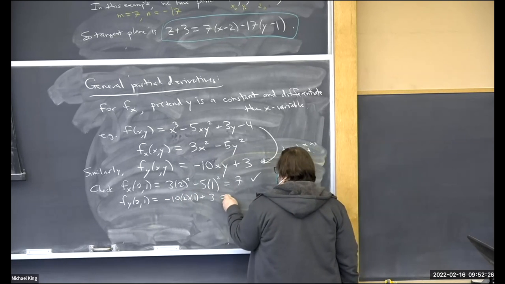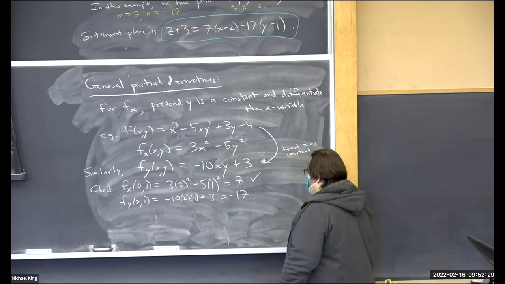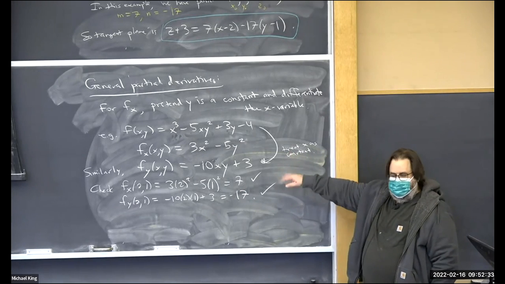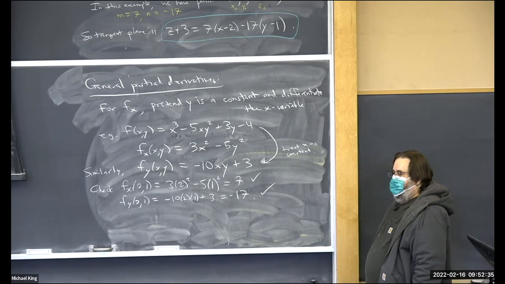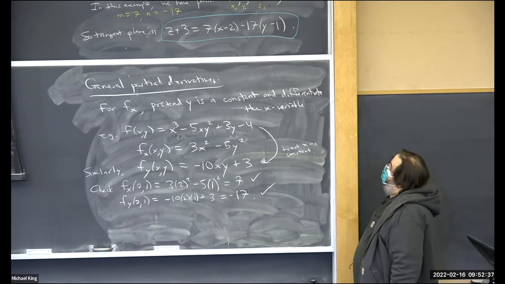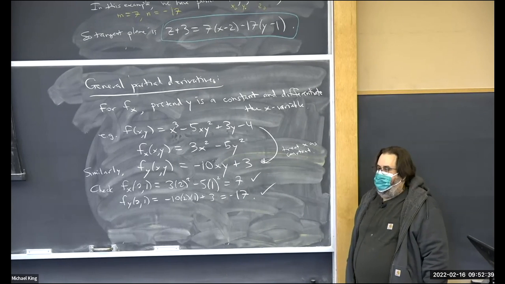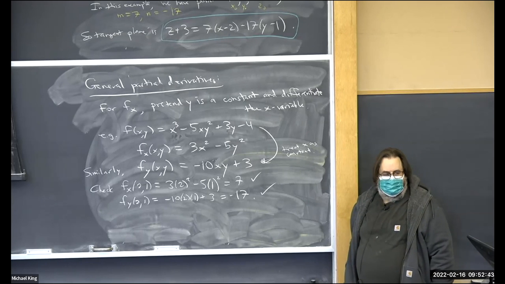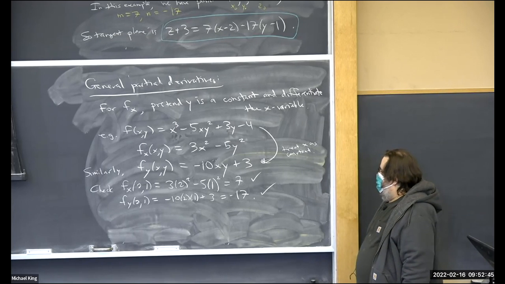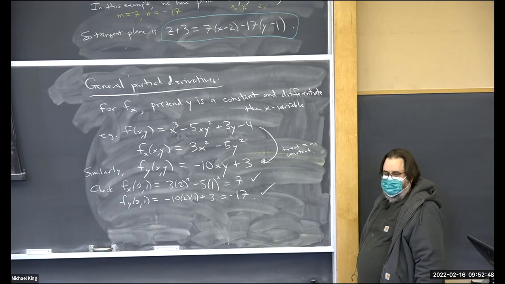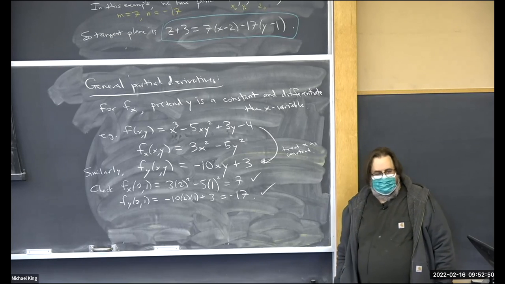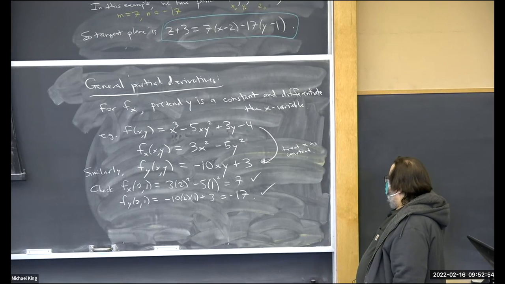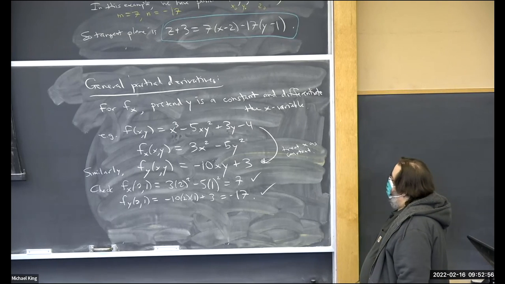Minus 20 plus 3 was minus 17. Okay, so that's the way we really do it in practice: we do these general partial derivatives. Just like you generally differentiate a function, you don't plug in the point until after you differentiate. I picked a random point. Could have done any other point. 2, 1 is a random point.